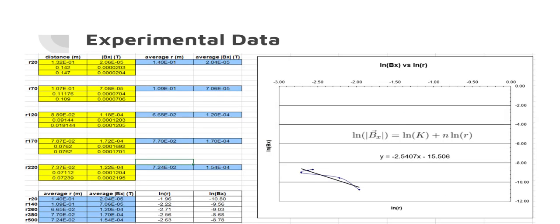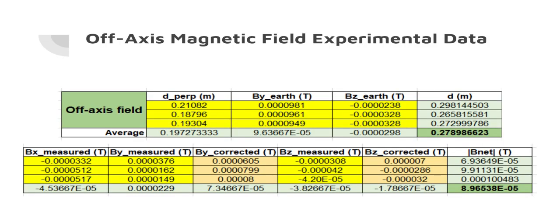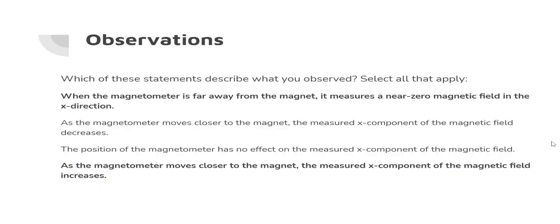So for our experimental data, we can see all the data is off to the left, but the most important thing we want to look at is our graph, which, according to the equation shown on the graph, gives us our constant k and our constant n for the most part. For our off-axis magnetic field data, this data will give us our x component of the vector magnetic field, our y component that we had to correct, and our z component that we also had to correct.